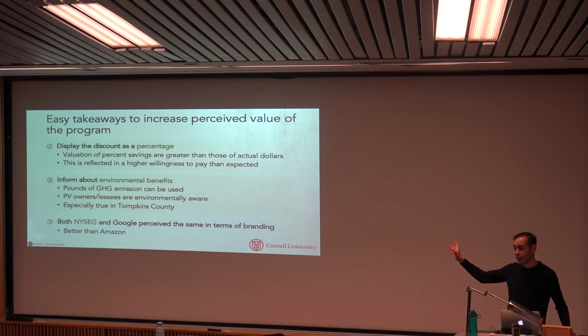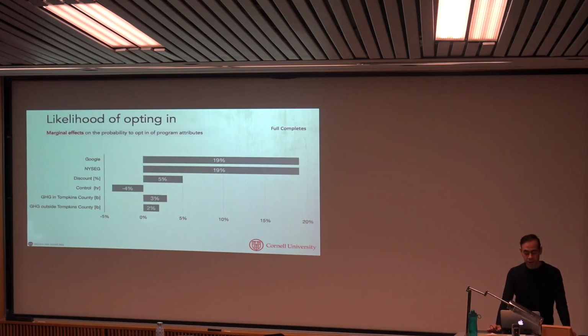The last one is interesting for NYSEG, and that's why we also had the brand there, which is kind of an unusual feature of the program, but it's marketing that NYSEG was really interested in. We can also measure likelihood of opting in to the program. And again, this is measured marginally. These are not probabilities of joining.